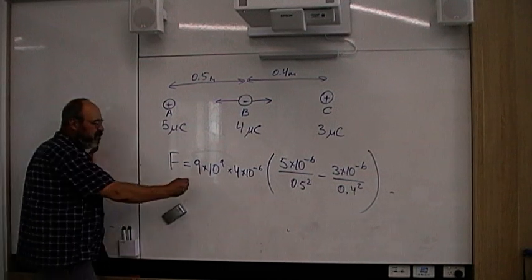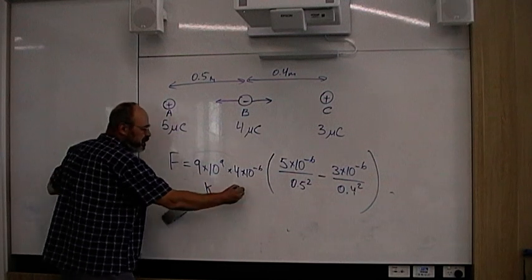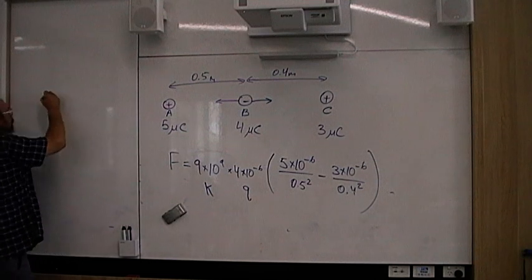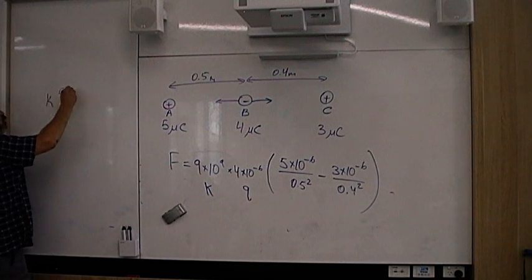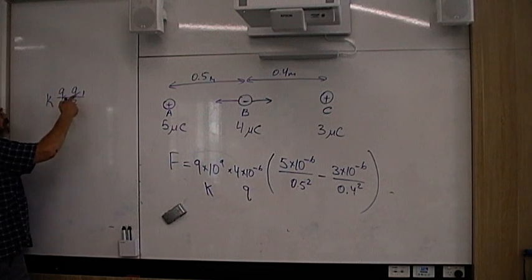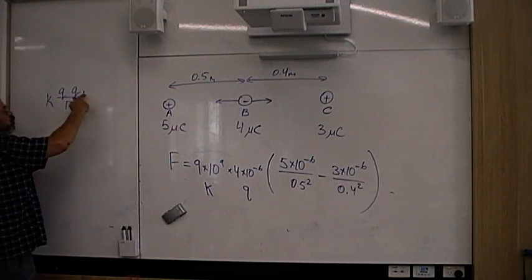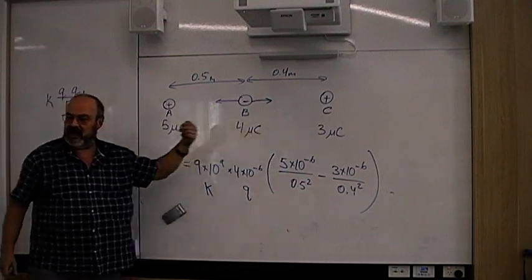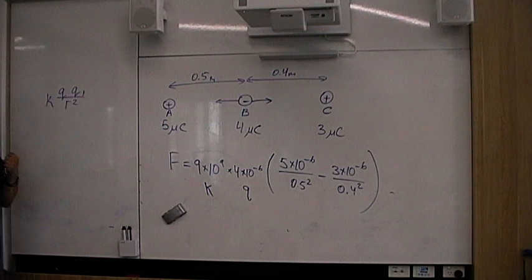This is K. This is Q. Because we have K times Q times Q1 over R squared, and for the other it will be Q2, but the middle charge is the same. It interacts with this and with this. That's why I take the middle charge as a common factor. Make sense?